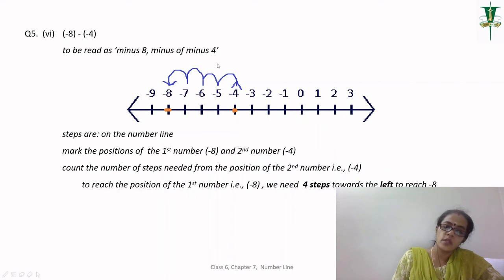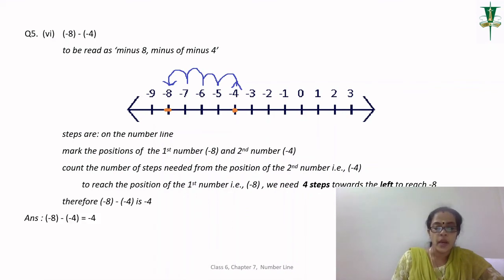That means you're traveling towards the left side. So negative direction, travel from -4, 1, 2, 3, 4. So you have gone 4 steps in the negative direction. So you get -4 as your answer. So your answer to the sum is -8 minus of -4 will give you -4.